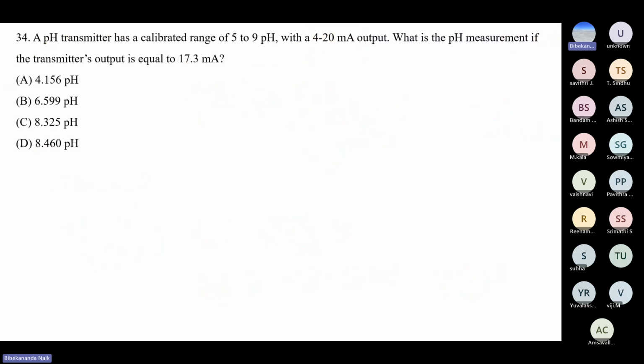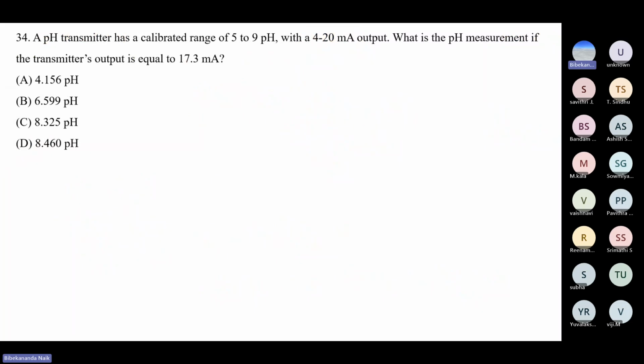Similarly, this is another question. It says a pH transmitter, here it is a pH transmitter instead of a pressure transmitter. In the case of a pH transmitter, it is calibrated with the pH with respect to the current. So the range of pH is 5 to 9 pH with a current output of 4 to 20.